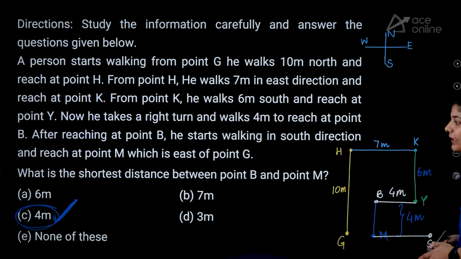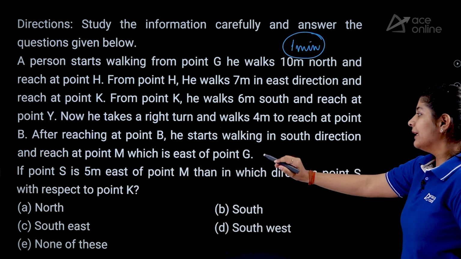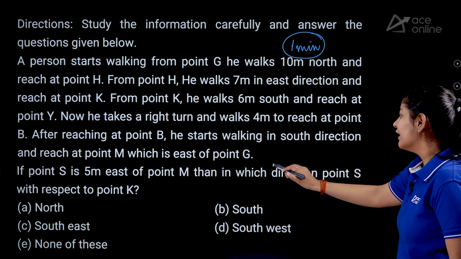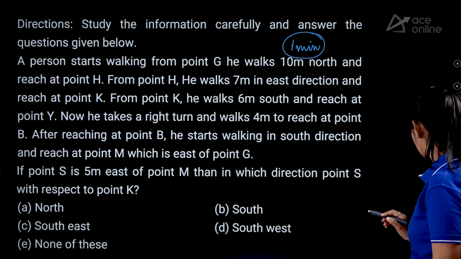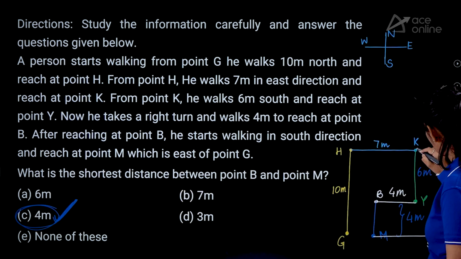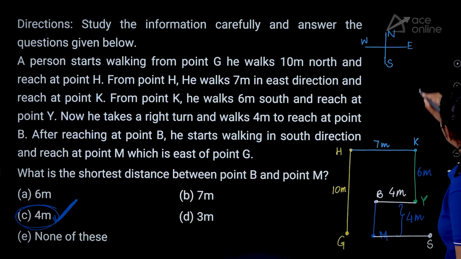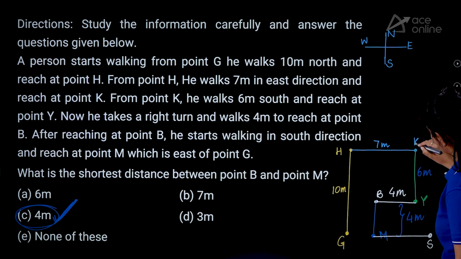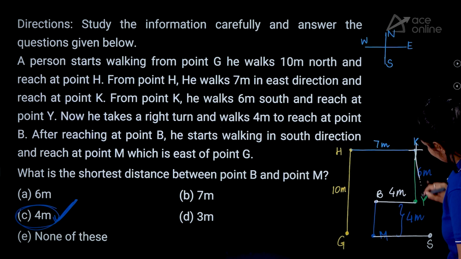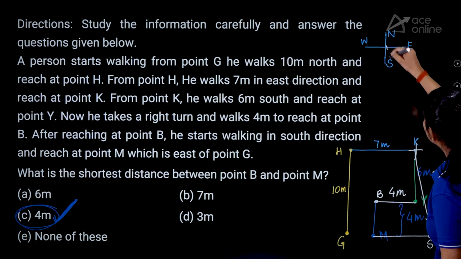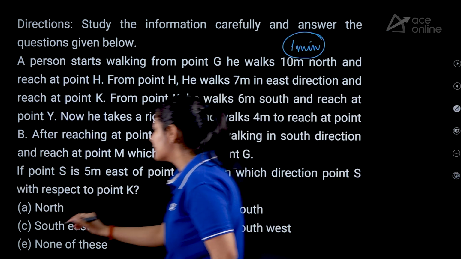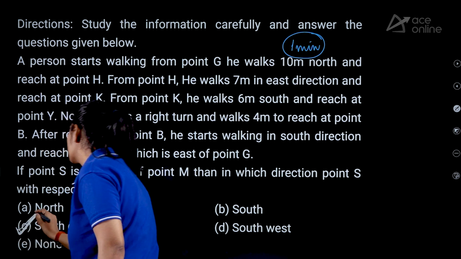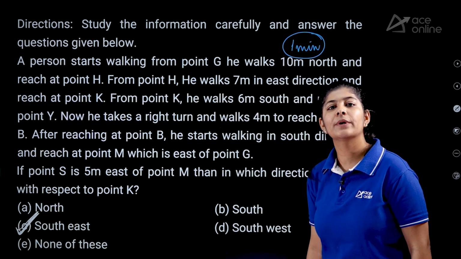Here we have point S, right? East of M, and then in which direction is point S with respect to point K? So here we have point K. So basically, if this is a direction plane, from this point to this one, it is in this direction, and this direction is nothing but the southeast direction. That means the correct answer over here is option number C.